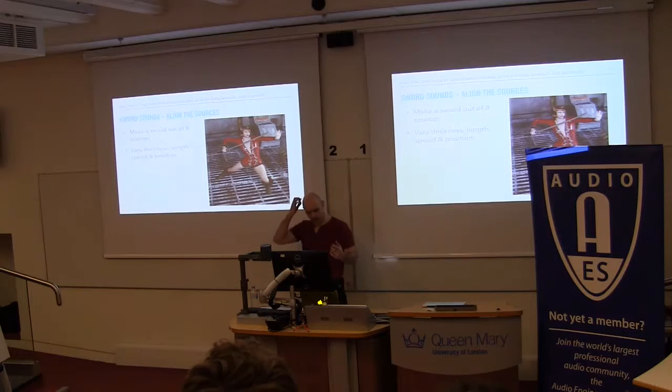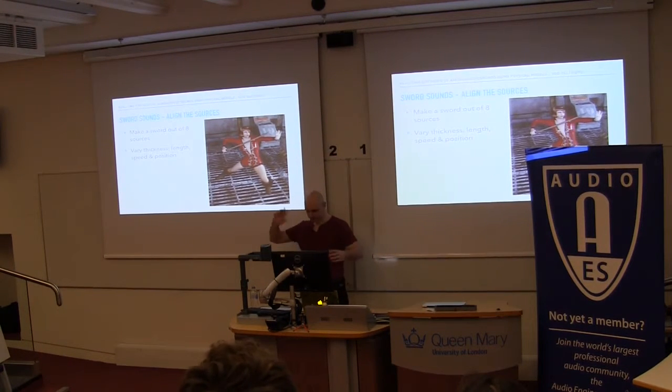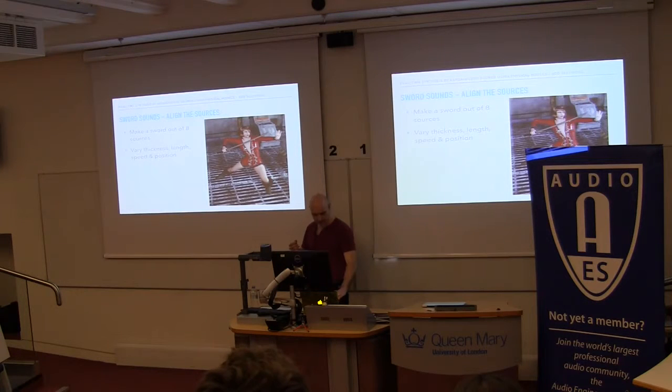I created a Pure Data model, and this gives you the ability to vary the length, the thickness, and listener speed on all the angles. So here's an example of a thin Zorro type sword. And then you can make it thicker and a bit shorter for this next one.